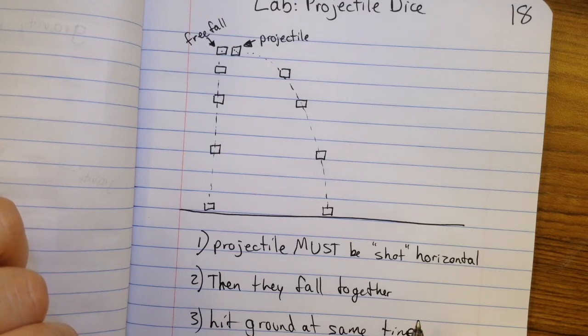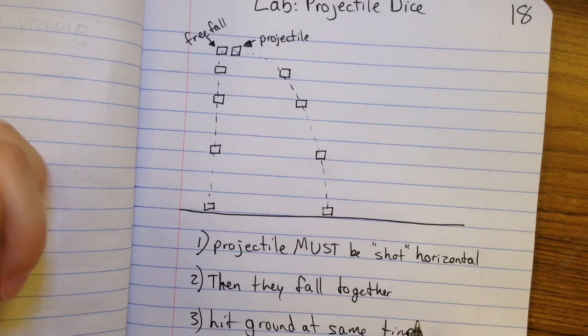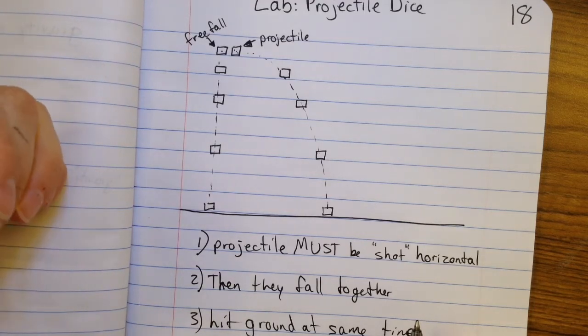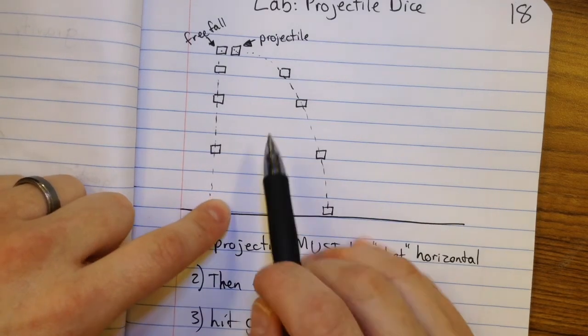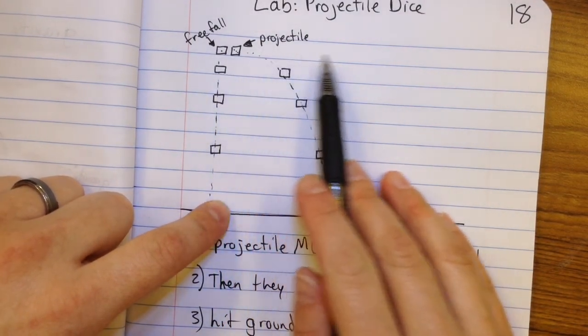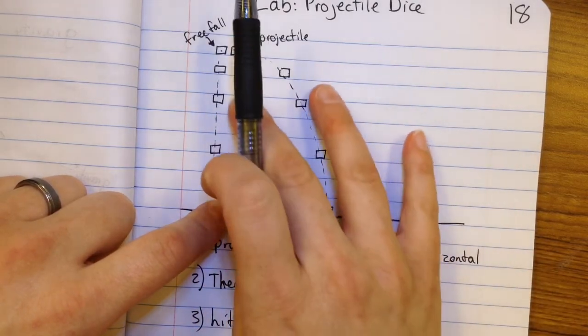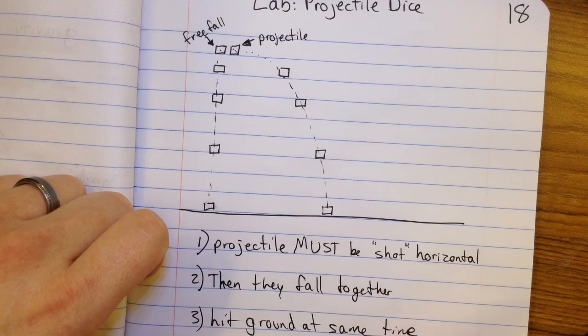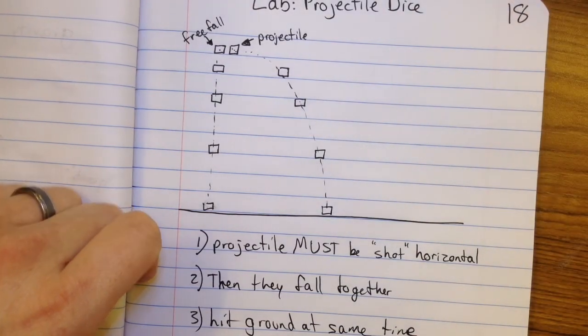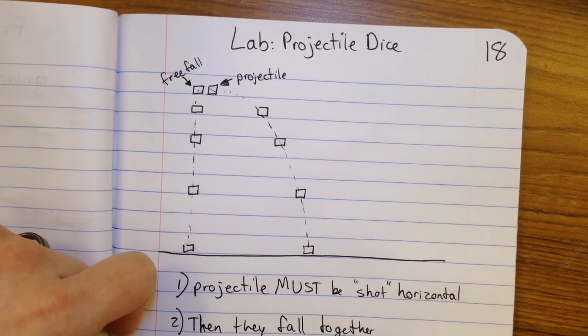No, it's still the same. Gravity still has the same effect, no matter how fast you're moving. So it shouldn't matter how fast that projectile is going horizontally. It still falls at the same rate. That's really what I wanted to accomplish with the short little lab.